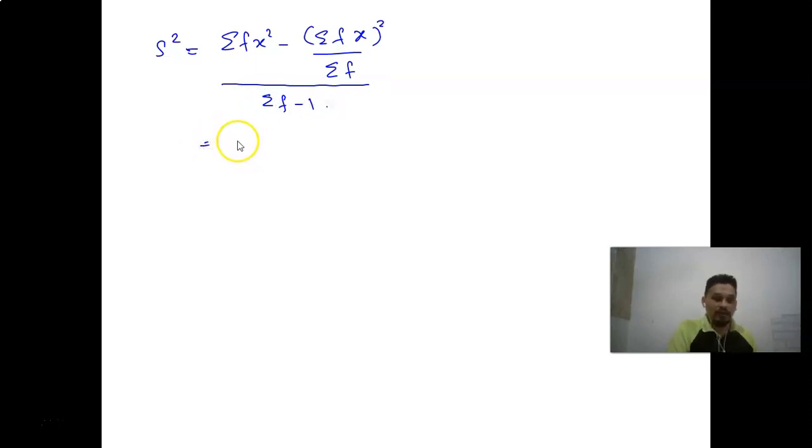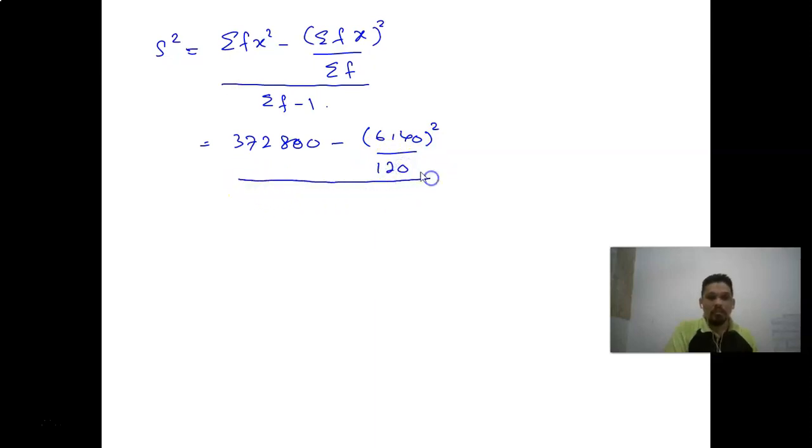So summation of fx squared equal to 372,800 minus 6140 squared divided by summation of f, which is 120, and 120 minus 1, 119. So use a calculator and this will give you 492.75.